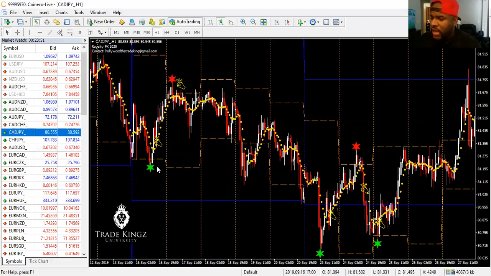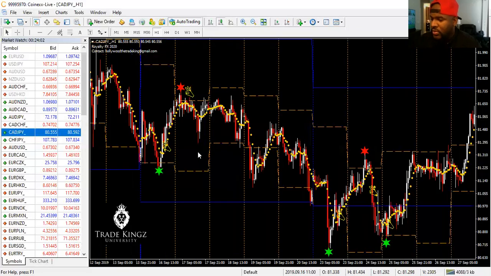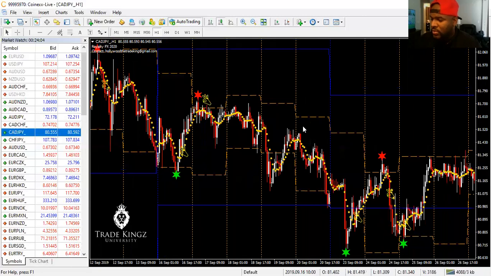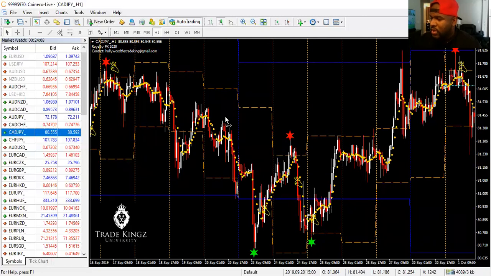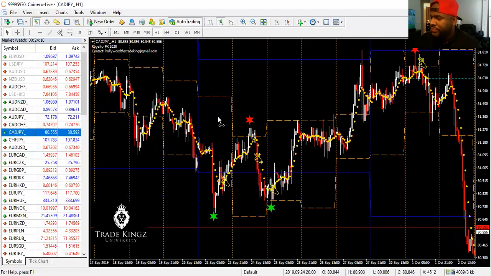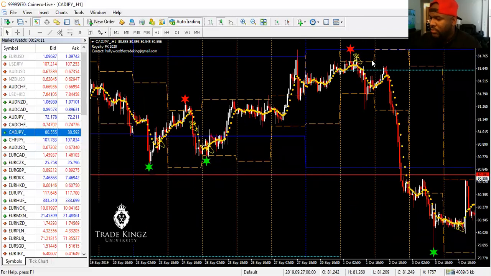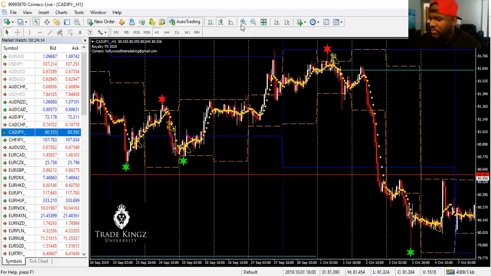Now, where your stop loss is going to go, I'm going to show you 2 places you can put your stop loss. Okay, let me show you an example. So let's say we took this trade here. Let's zoom in.